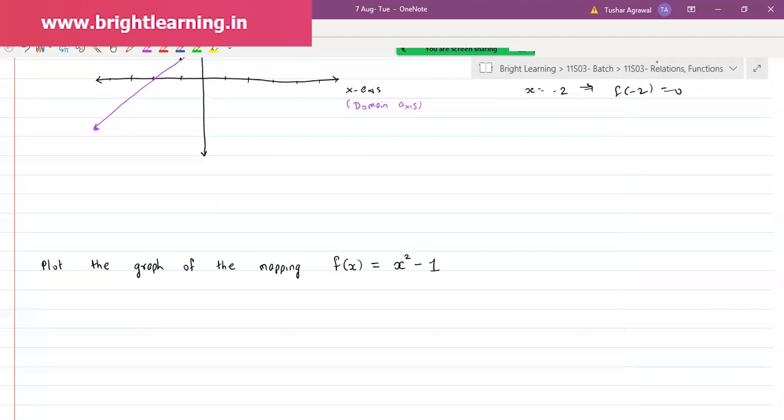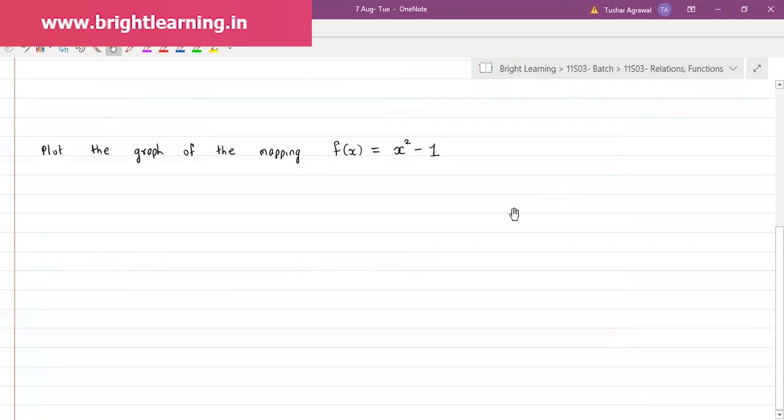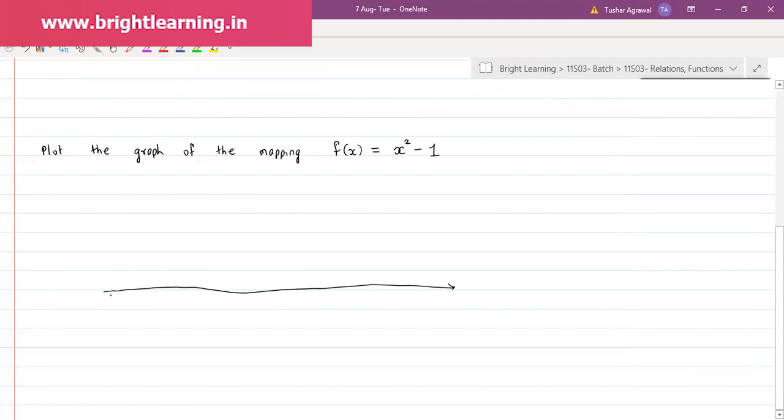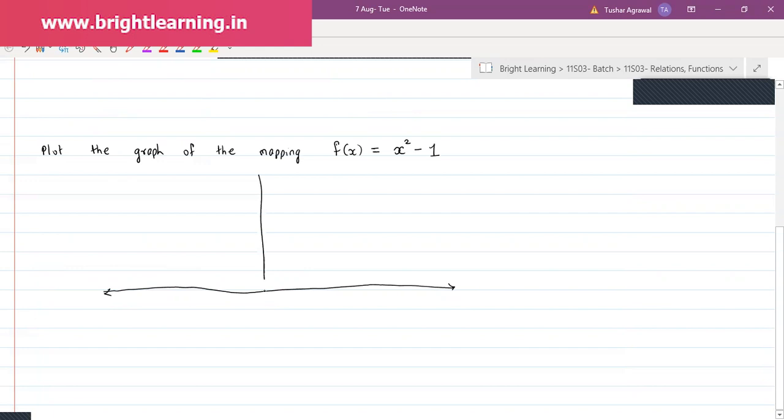So if I tell you to plot the graph of the mapping f of x equal to x square minus 1, we are obviously dealing in real numbers. So now here, the horizontal x-axis will be my domain axis, the real numbers, and the vertical y-axis my image axis.